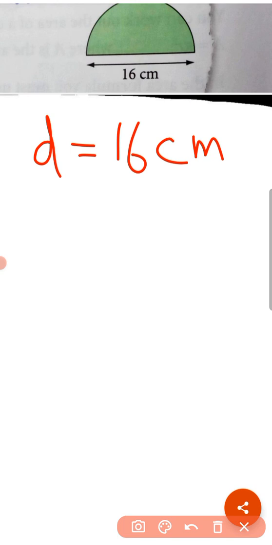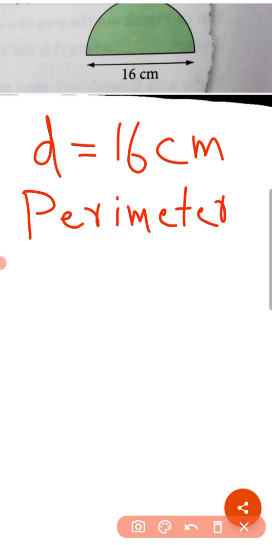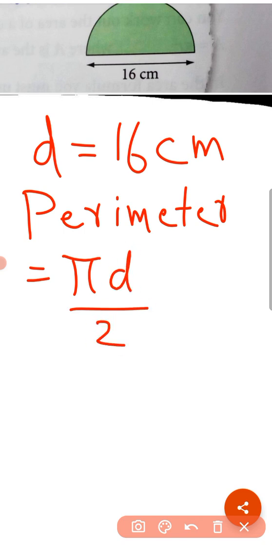So, you can use this formula: perimeter is equal to pi d by 2 plus d.